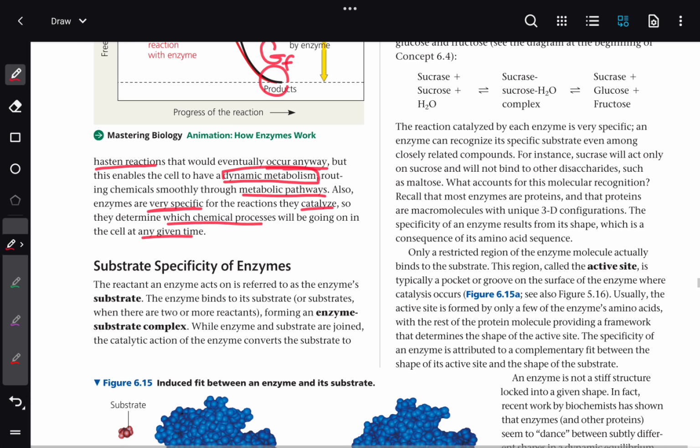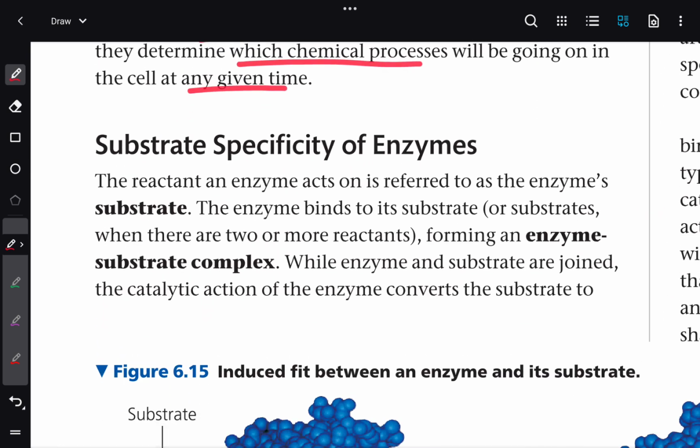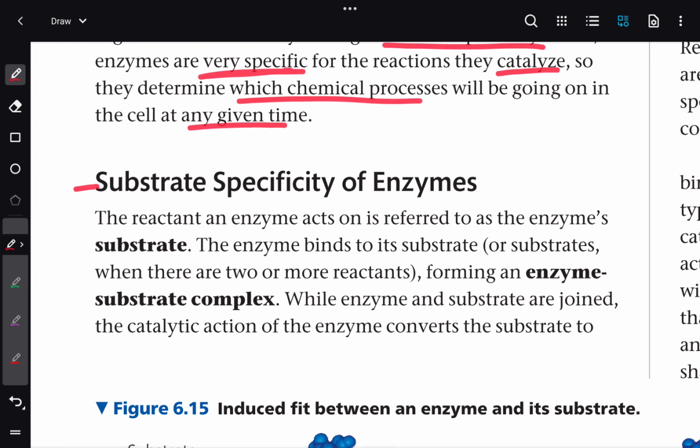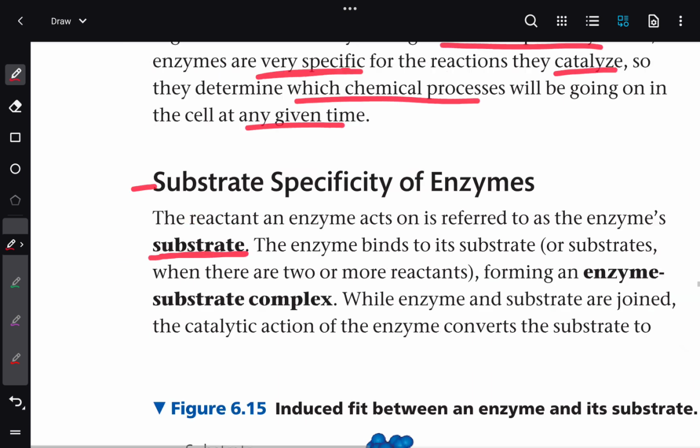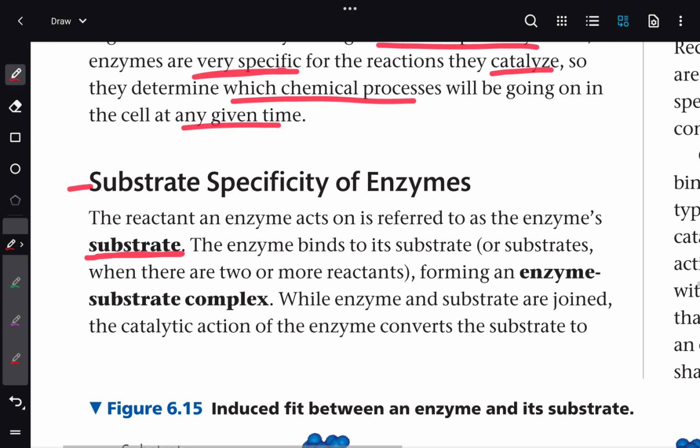Okay. Now, substrate specificity of the enzyme. The reactant an enzyme acts on is referred to as the enzyme's substrate. What does that mean? Within the reaction, the enzyme picks a reactant, and that reactant is called the substrate.